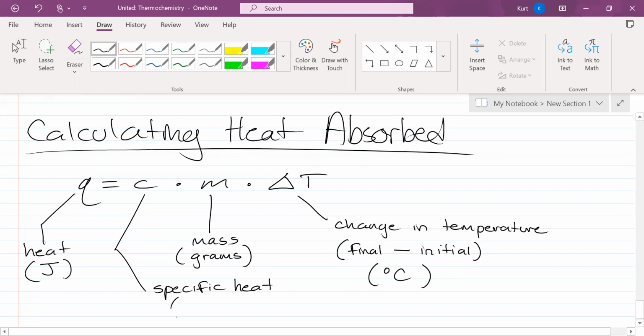What is specific heat measured in? You guys remember how to say it? Joules per gram. When you don't say times C, you say per degree Celsius. Okay? So there is your formula, giving you the keys to the castle here.